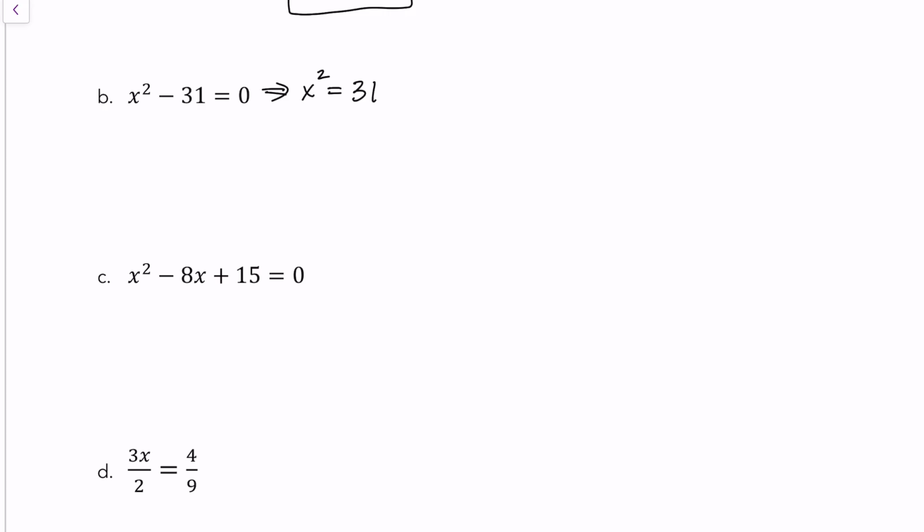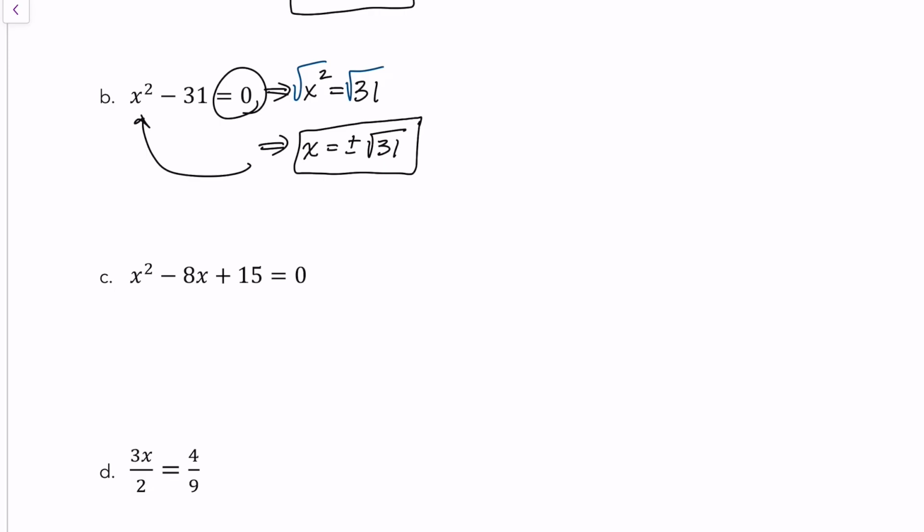Now we can take the square root on both sides, and we get that x has to be equal to plus or minus the square root of 31. These are our two values of x. This means that if you plug in either positive square root of 31 or negative square root of 31 into this expression, you're going to get 0 as a result.